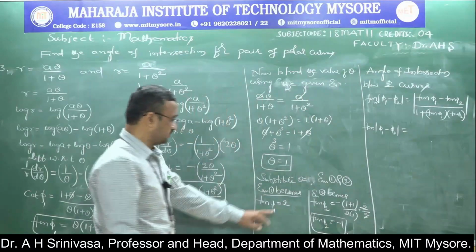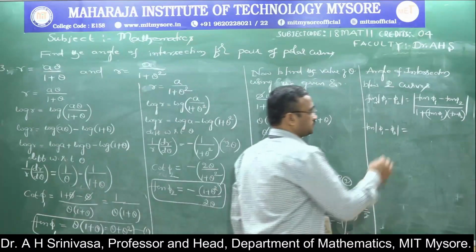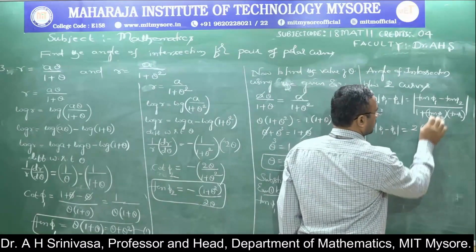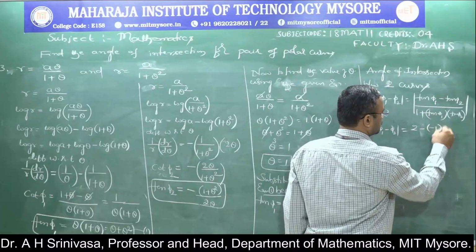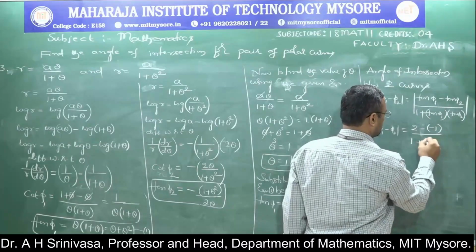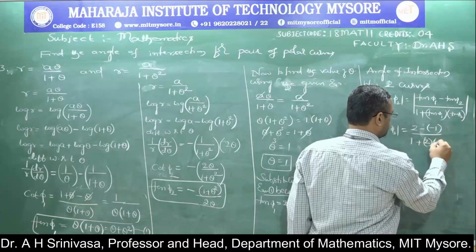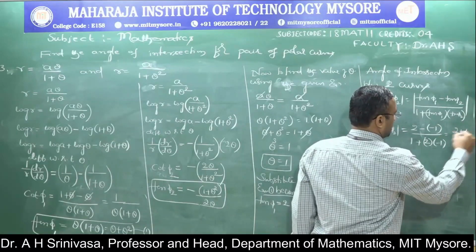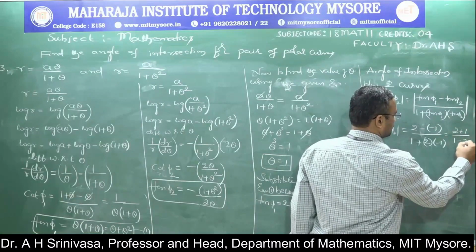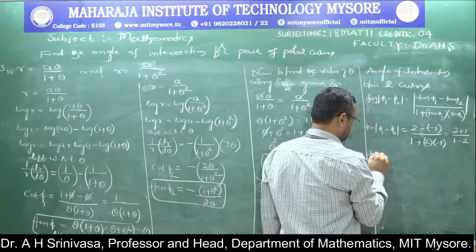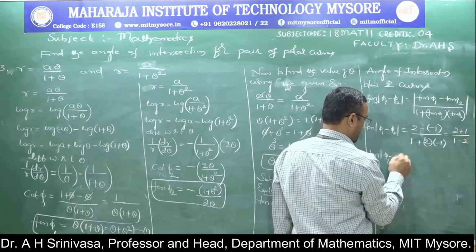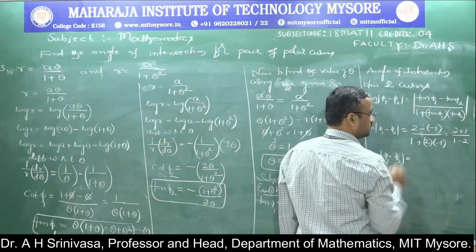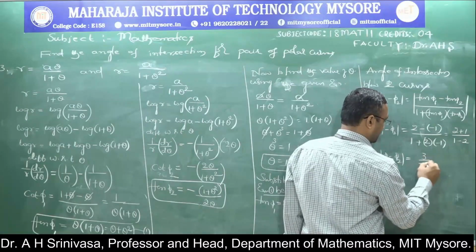What is the value of tan phi 1 now? It is 2. Minus of minus 1, divided by 1 plus 2 into minus 1. This is 2 plus 1 divided by 1 minus 2. They become 3 by minus 1.